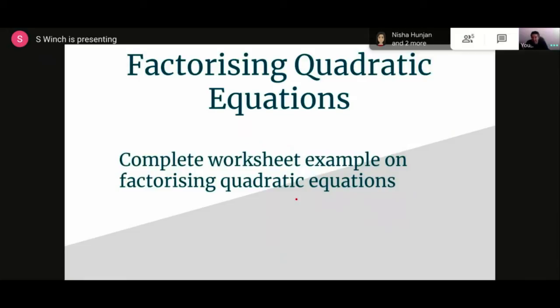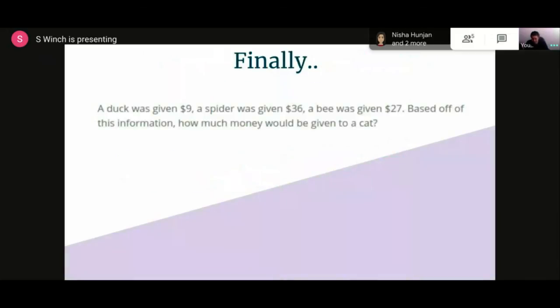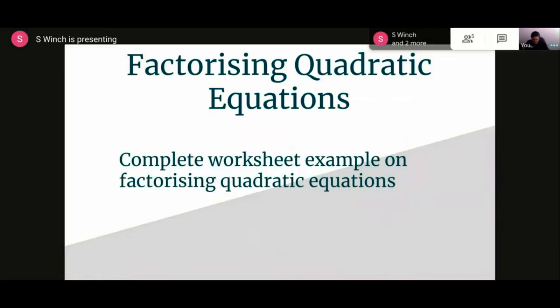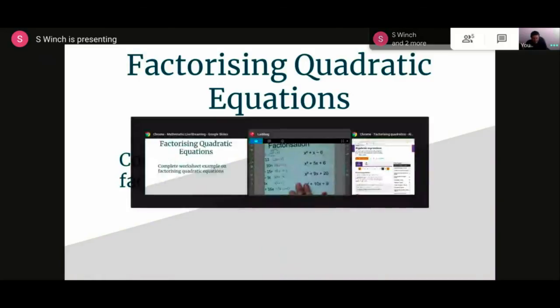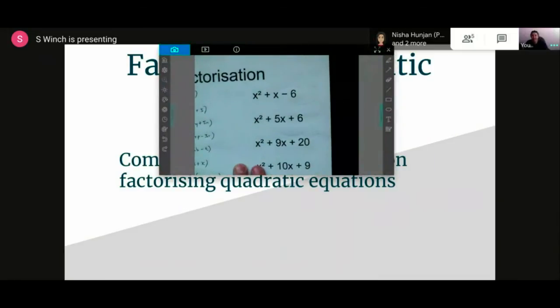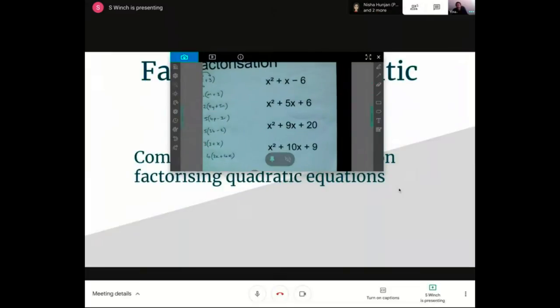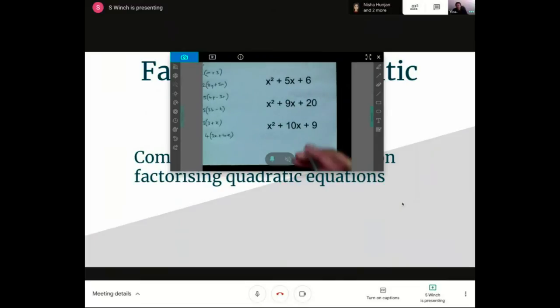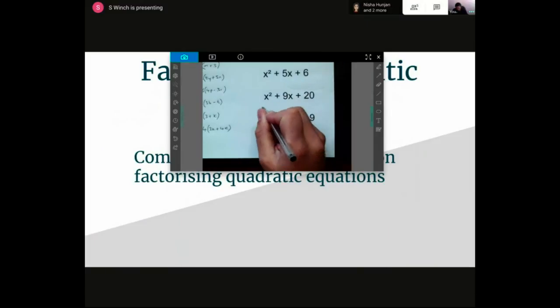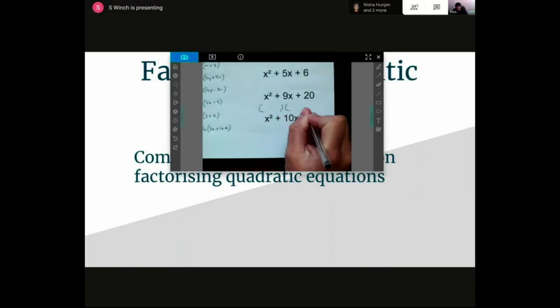And I'm just going to give you one example before we run out of time, and then we can recap it on Wednesday's lesson. We'll go with this one down here. We've got x squared, so we know two brackets, x is going to go in here, x is going to go in there.